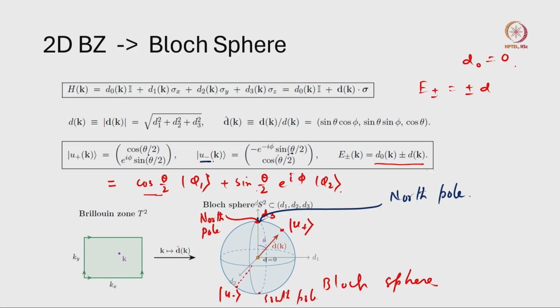So, that means this state will collapse to phi 1 and u2 will collapse to phi 2.